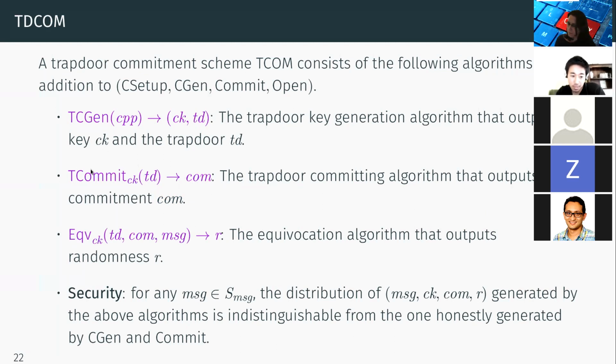But with the knowledge of the trapdoor, as you said, on any message as input, you can find the corresponding randomness. And this randomness should look like the distribution of the randomness used in the actual commitment algorithm. That's the trapdoor commitment. Okay, so it's not like you are decrypting a commitment, but you are essentially equivocating. Right, exactly. Okay, thanks.